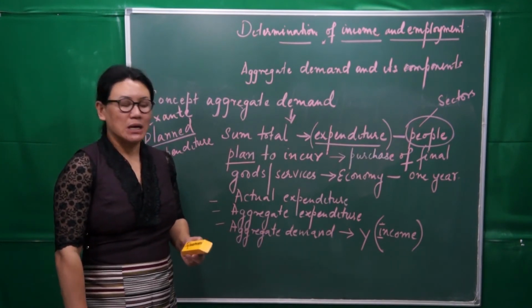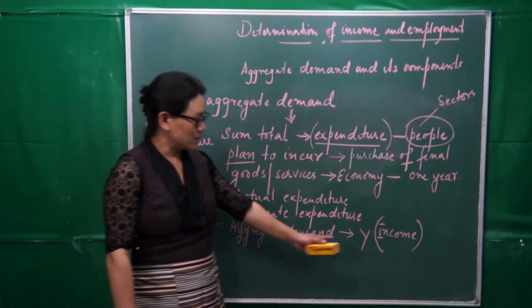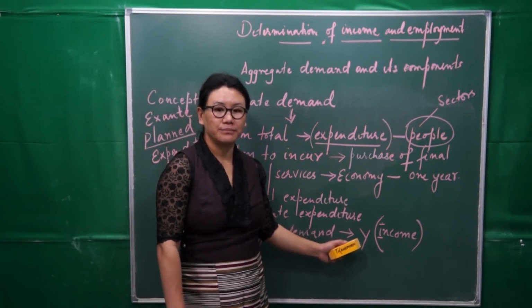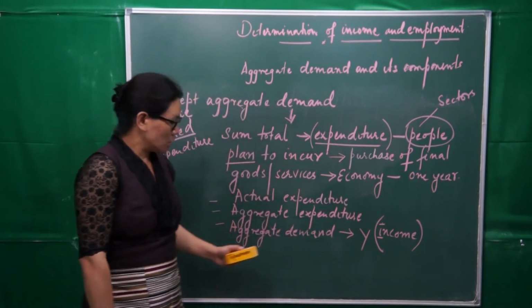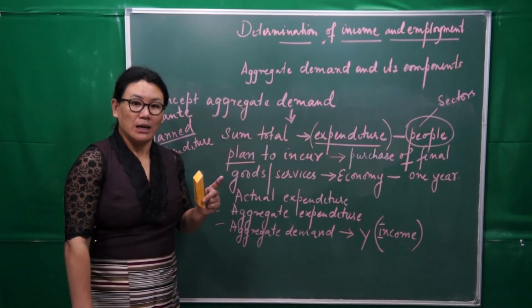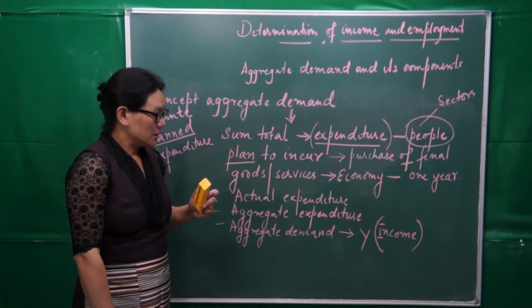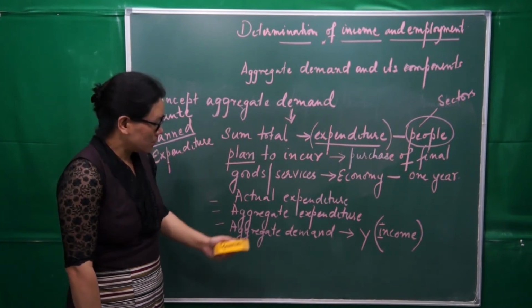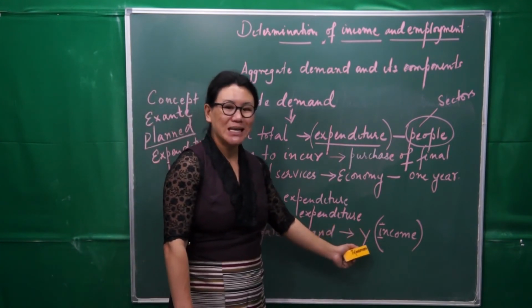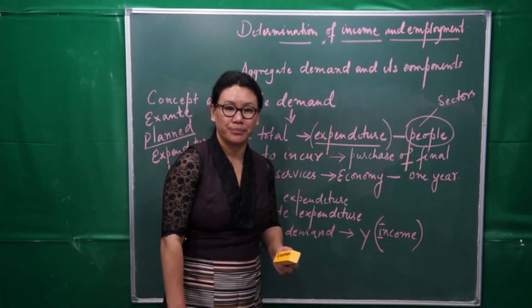Income is represented by this Y. So, we need to study the relationship between aggregate demand and income in this chapter.